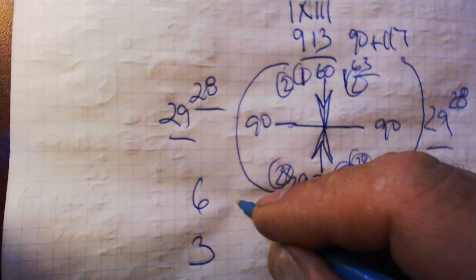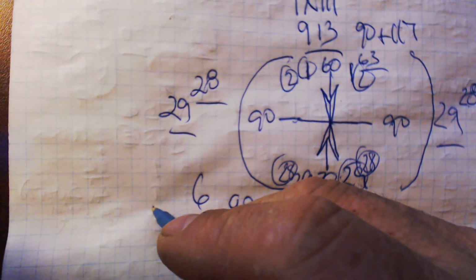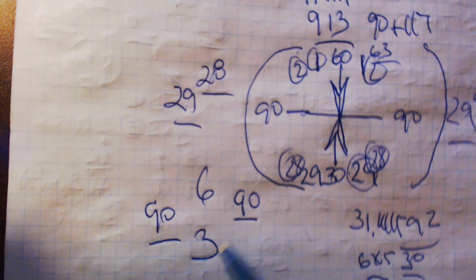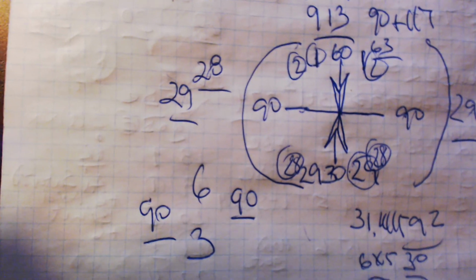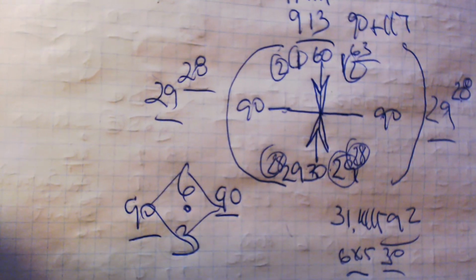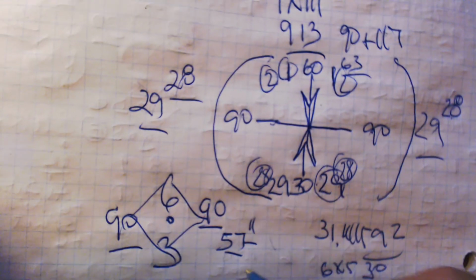So from 60 to 90 to 30 to 90 to 60. 3969, 3969, and this is the way we avoid going around the center. Now, I'm not sure if that's the exact way to do it. 57 is your numeric value for the moon, 29 and 28.